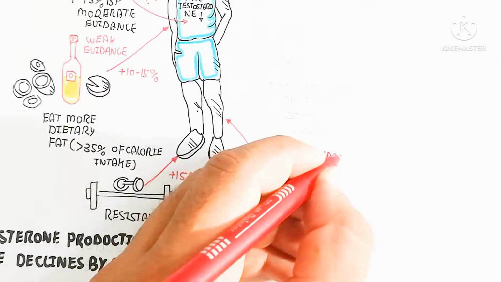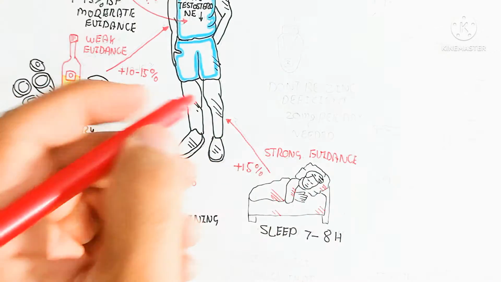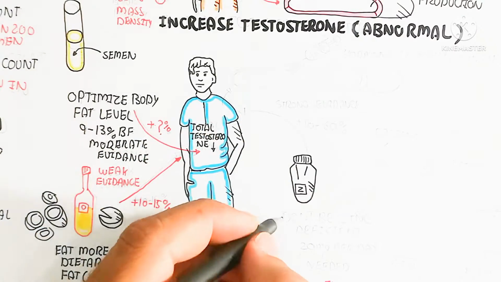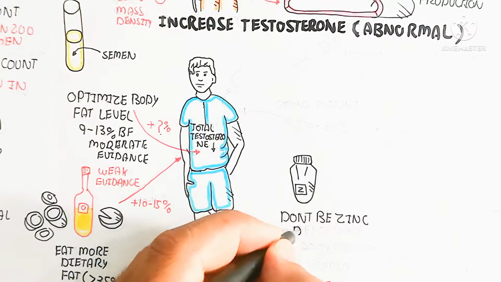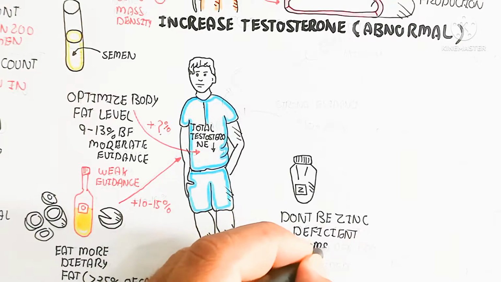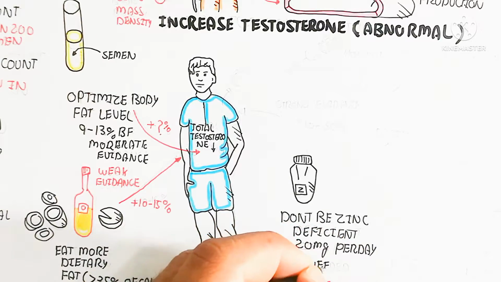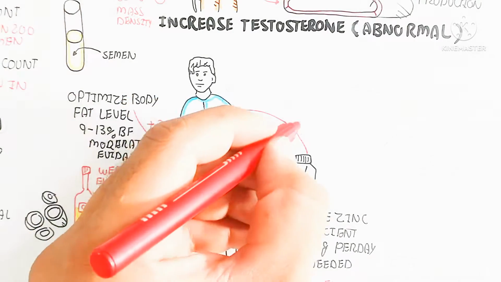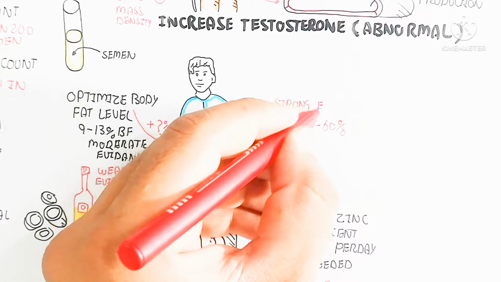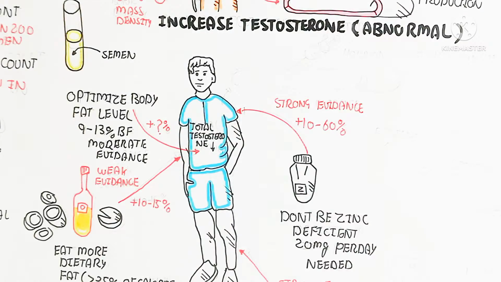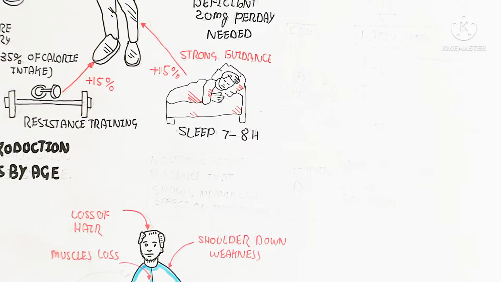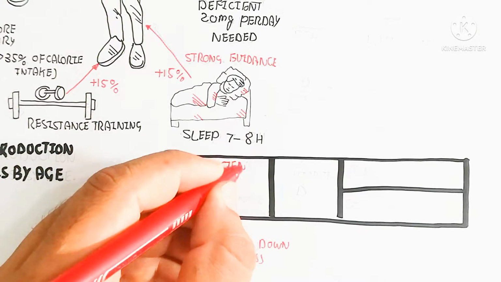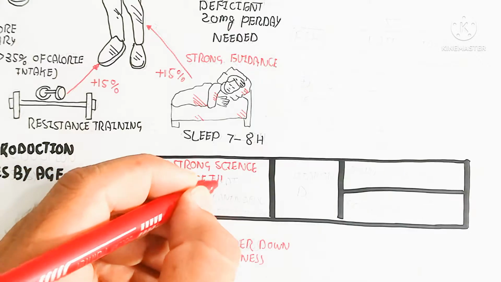Strong evidence shows exercise and sleeping 7 to 8 hours give a 15 to 30% increase in testosterone. So don't be zinc deficient. 20 milligrams per day is needed in our body, so be focused on zinc because this is strong evidence: a 10 to 16% increase in testosterone through zinc.